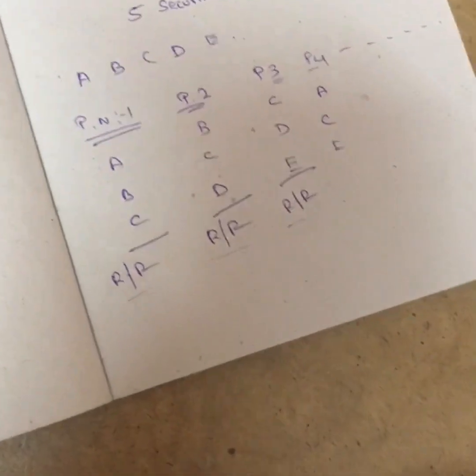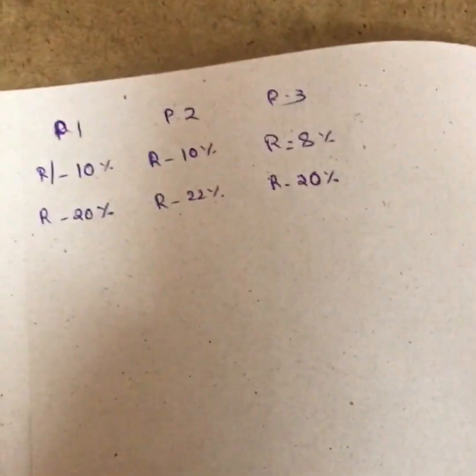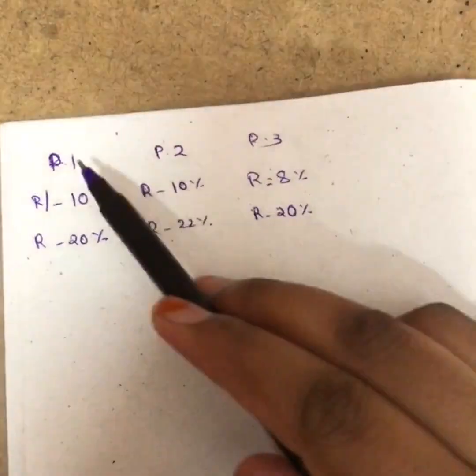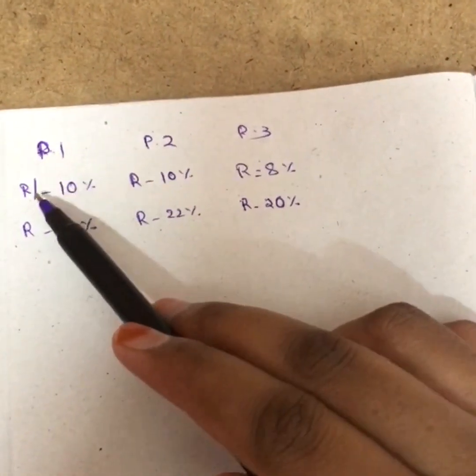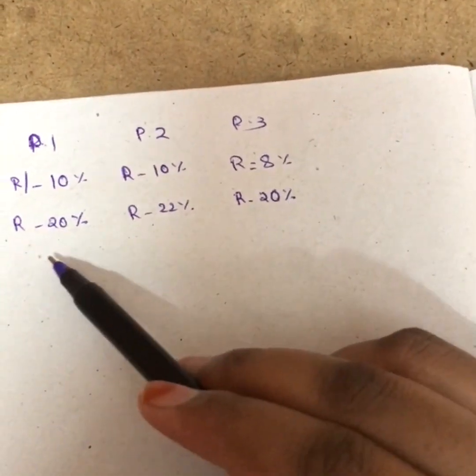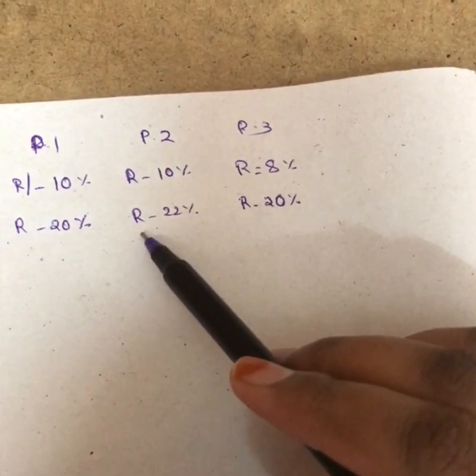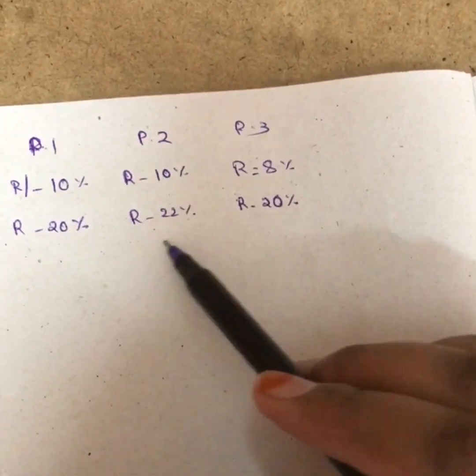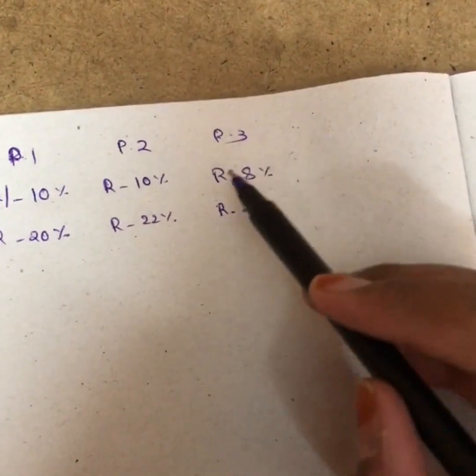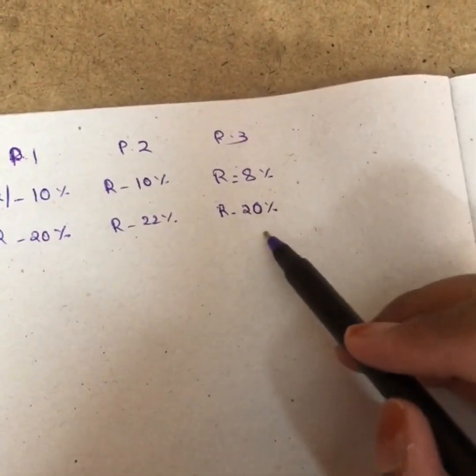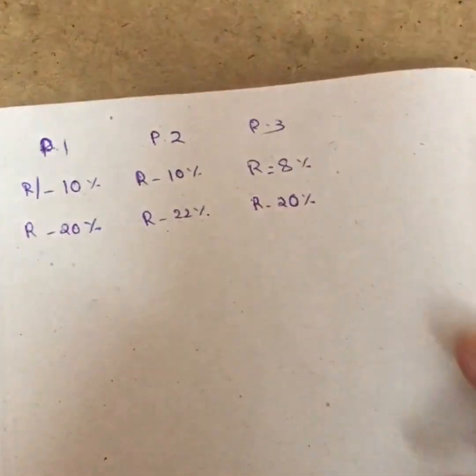For example, for portfolio 1, my risk is 10% and return is 20%. For portfolio 2, risk is 10% and return is 22%. For portfolio 3, risk is 8% and return is 20%. Now this is just an example, okay?